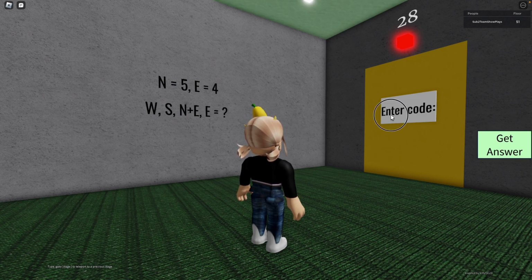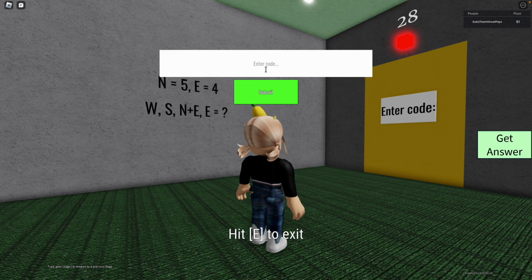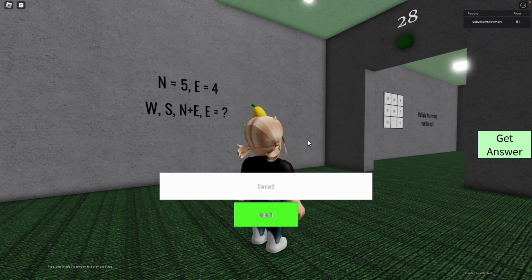Then we have to do what is west. So west is opposite of east, so that would be 4. Then they want to know what is south. South is opposite of north, so it's 5. Then we have to add n plus e. So we have to add north and east, which is 4 plus 5 is 9. And then add an additional east, right? So they want this additional e, which is 4. So that's your answer, 4594.